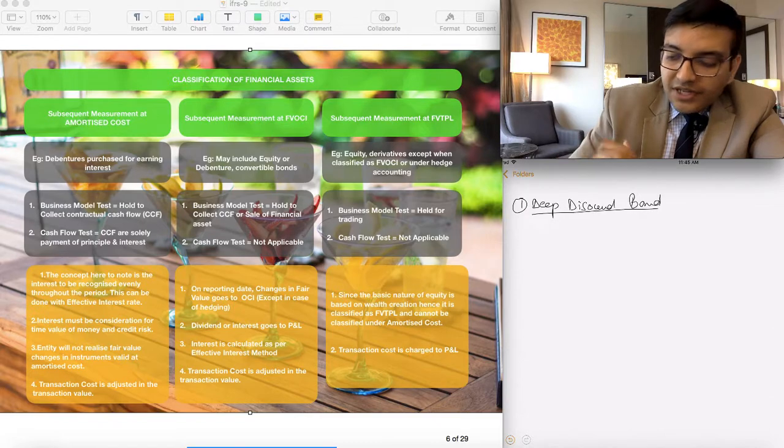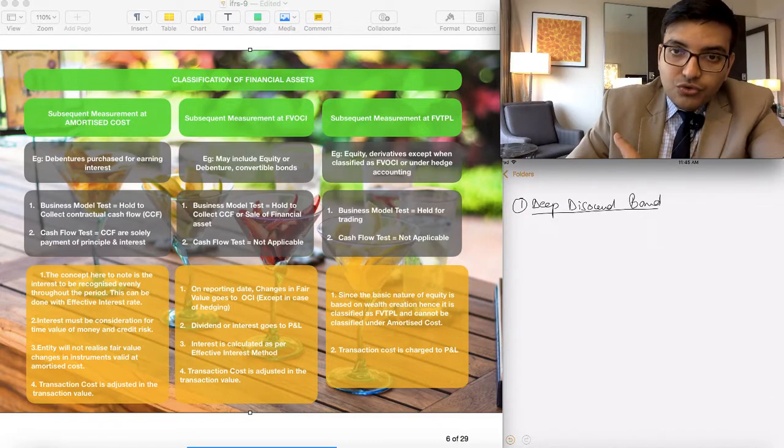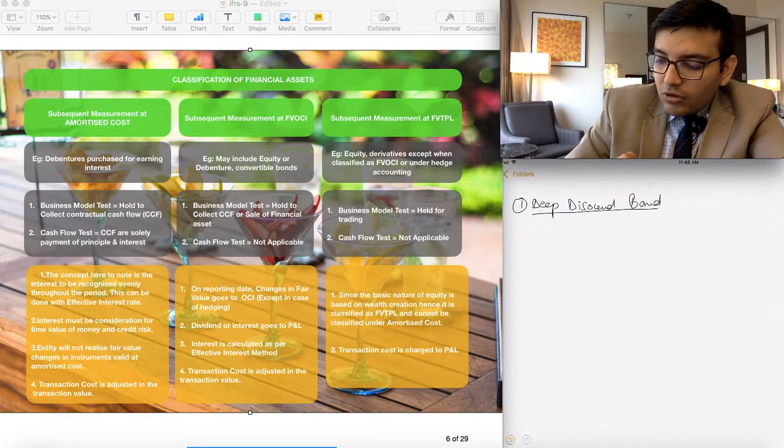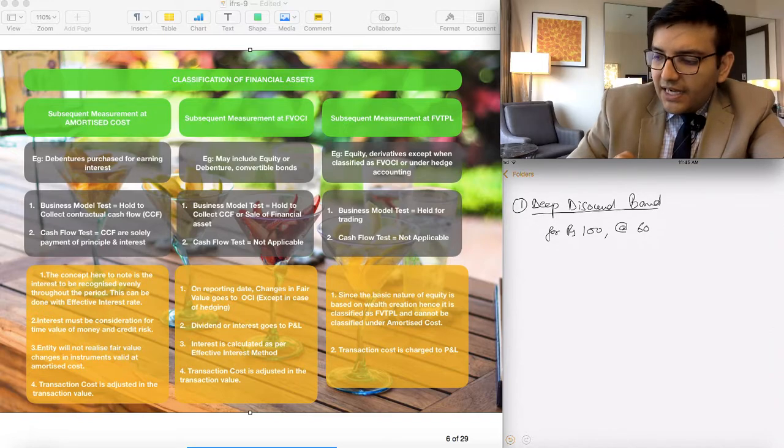Previously, as per Indian accounting standards, let us take an example. Let's say the company issued a deep discount bond with face value of 100, issued at let's say 60 rupees, which will be redeemed obviously at 100.